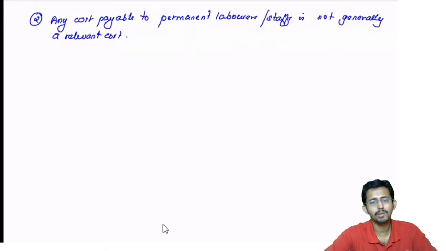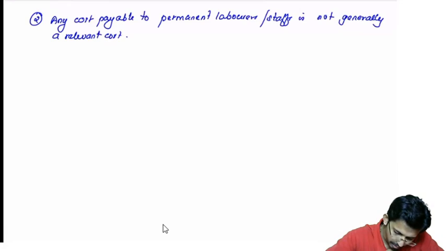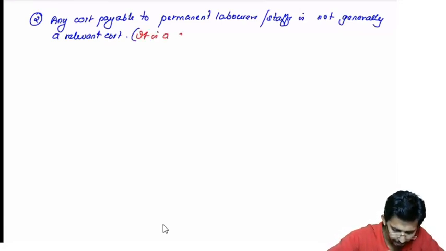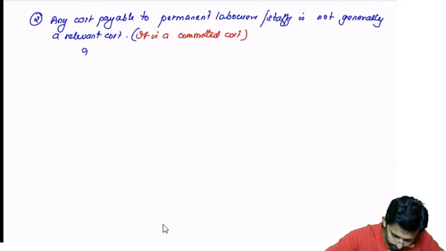Why is it not a relevant cost? Because they are permanent employees or permanent laborers. You will have to make the payment whatever be your decision. Okay, so it is not a relevant cost. You can write in bracket, it is a committed cost.